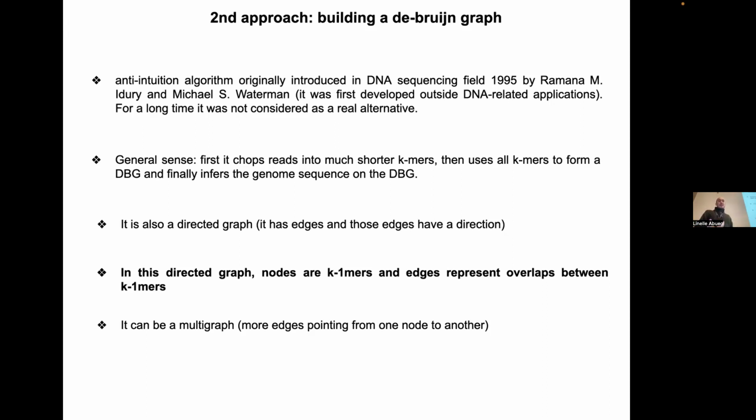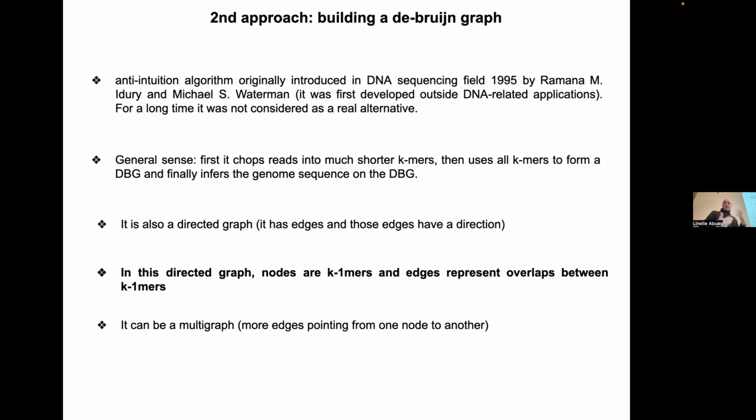You want to speed it up, and it turns out that the De Bruijn graph approach is very, very efficient in that sense. So the idea is to disregard the reads entirely. You chop all the reads into their constituent k-mers, and then use all the k-mers to generate the graph. And remember, the Illumina reads are very short, so even if you chop them into k-mers, you're not losing so much information.